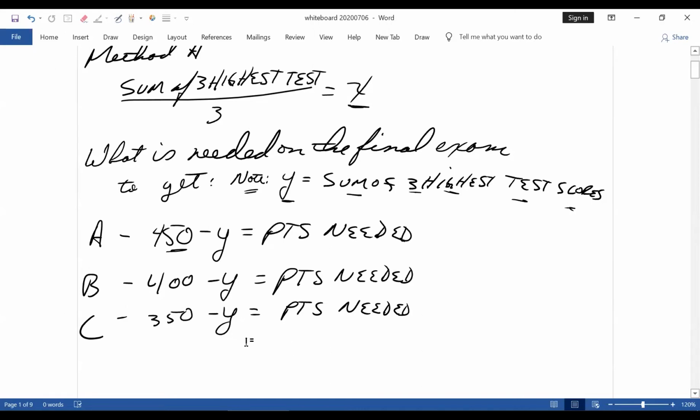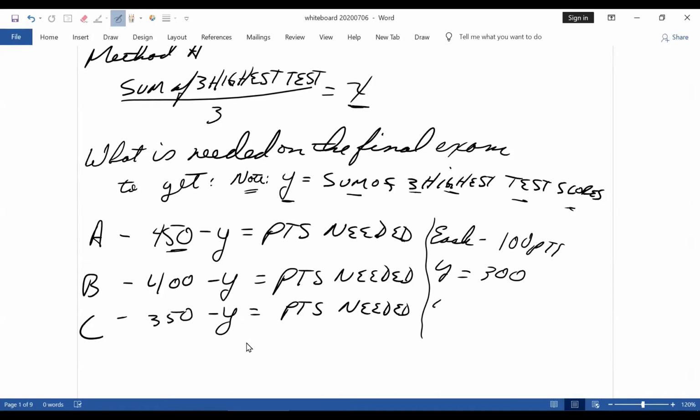Let's do an example. Let's assume you've done real good on all the tests, and each test you got 100 points. Therefore, Y equals 300 points, 100 plus 100 plus 100. Oh, I got it right.